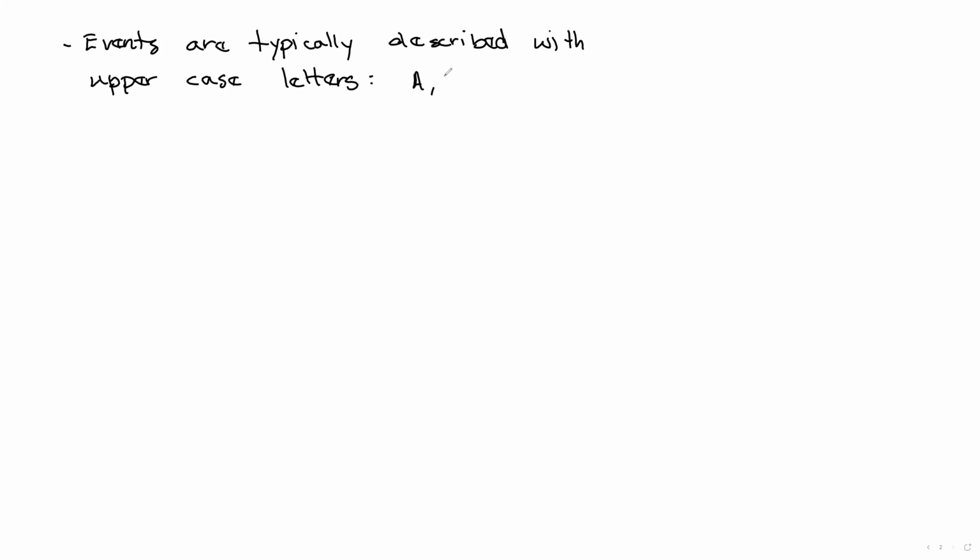You'll see A, B, C. Those are usually the ones that we work with first. So to give an example, we would say, let A represent it rains tomorrow.